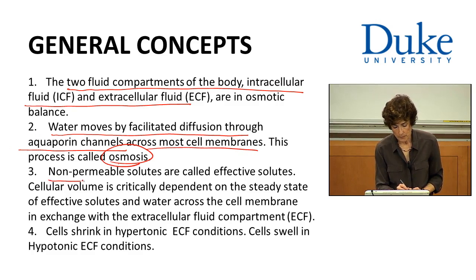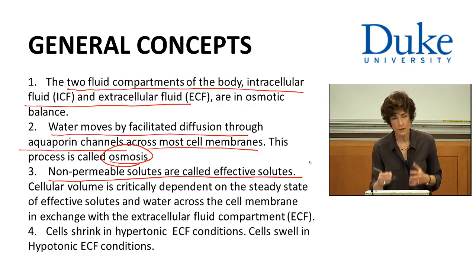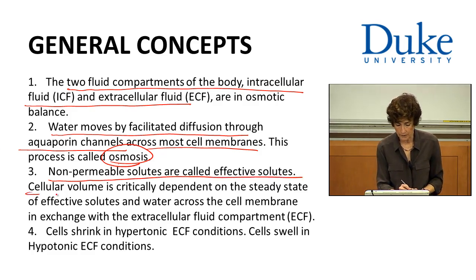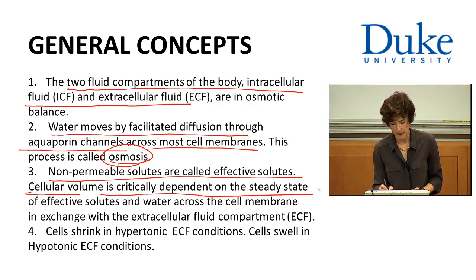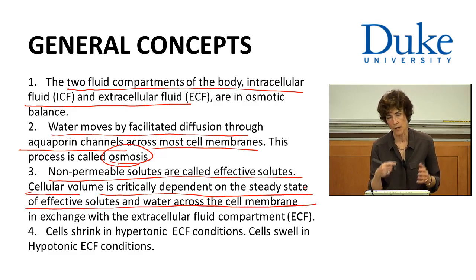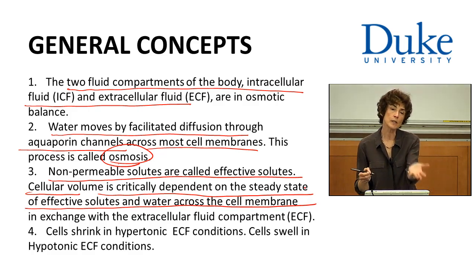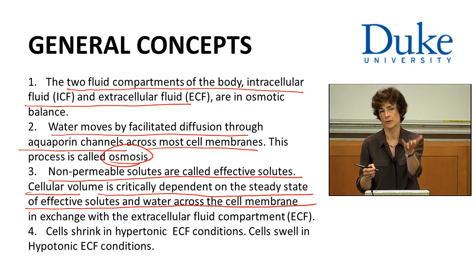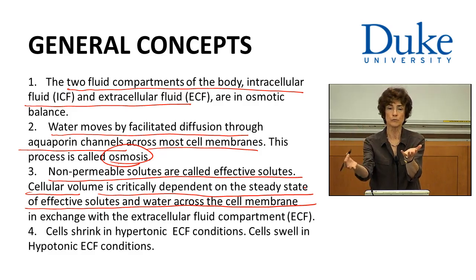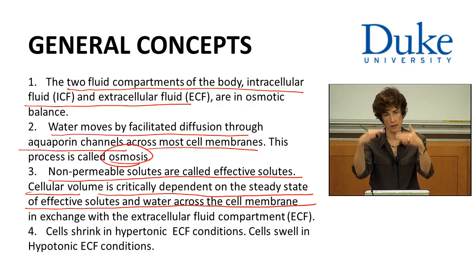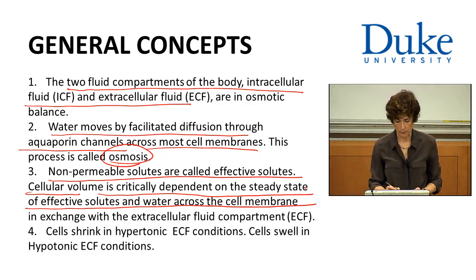Third, non-permeable solutes are called effective solutes, and these will affect the cellular volume. The cellular volume is critically dependent on the steady state of the effective solutes and the water across the cell membrane. If I increase the number of effective molecules in the ECF, water will move from the cells to the ECF to try to balance the concentration across the two compartments.